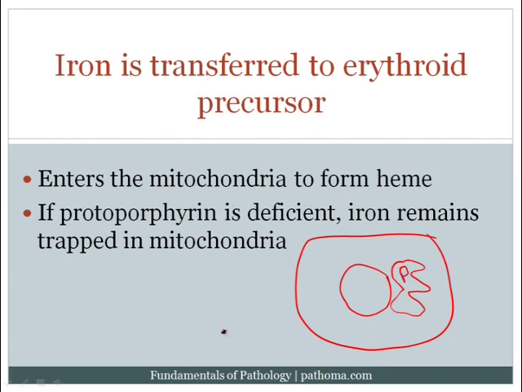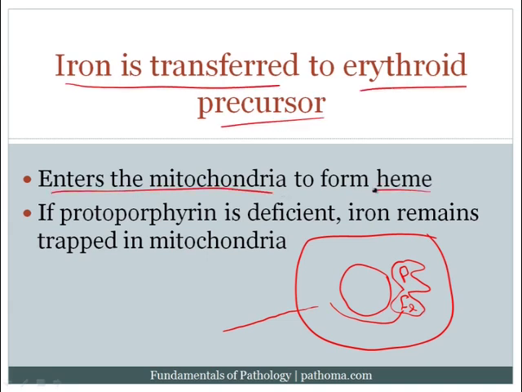At the same time, iron comes from the bone marrow macrophages, is transferred to the erythroblast, the cell that's producing the red blood cells, and then iron also gets transferred to the mitochondria. And when iron and protoporphyrin meet in the mitochondria, iron gets bound to protoporphyrin, and that's what creates heme. All right, so that's what I'm saying here: iron is transferred to the erythroid precursor, and it enters the mitochondria to form heme.